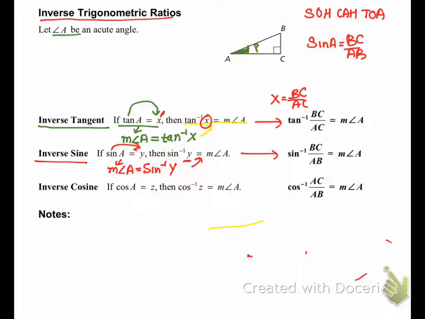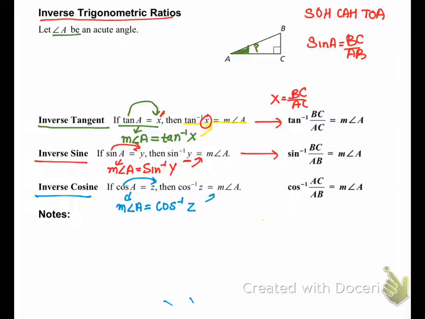Let's move to the last inverse trigonometric ratio, that's going to be this one. Inverse of cosine: if your cosine of A is given as z, and you have to find the angle A, this changes into the measurement of angle A equal to inverse cosine z.